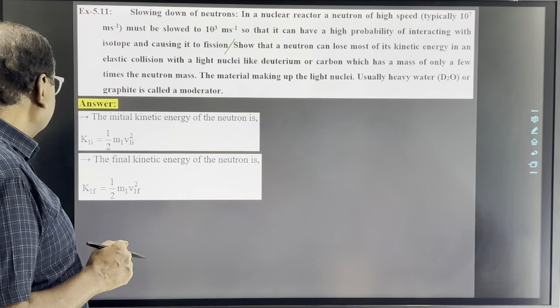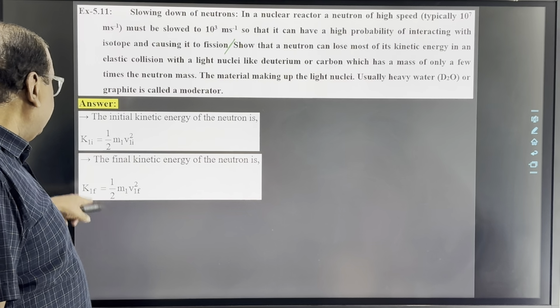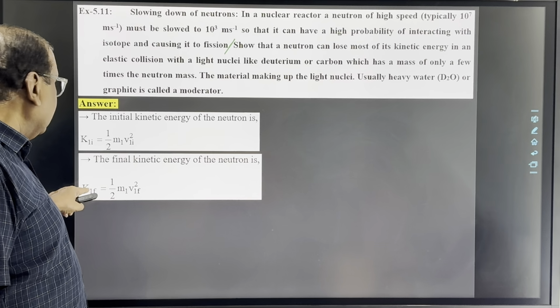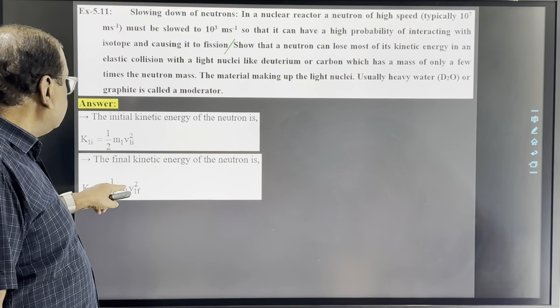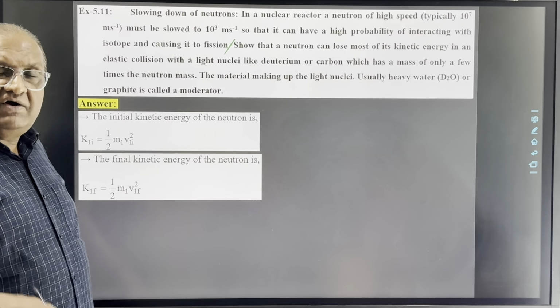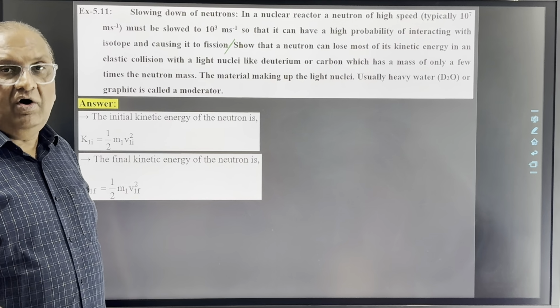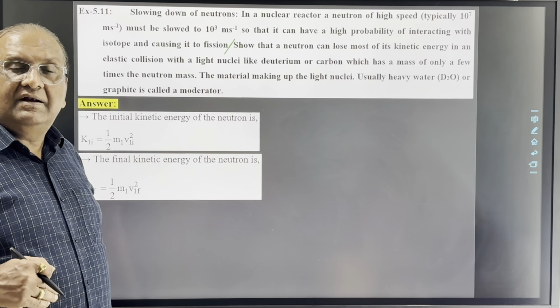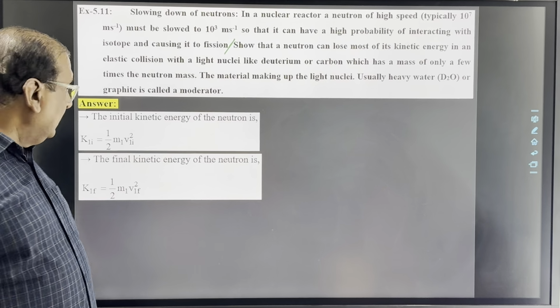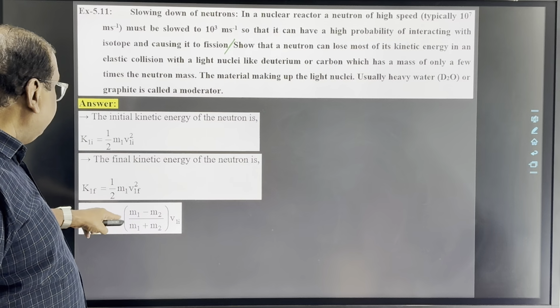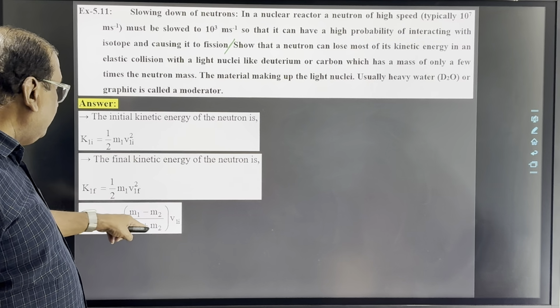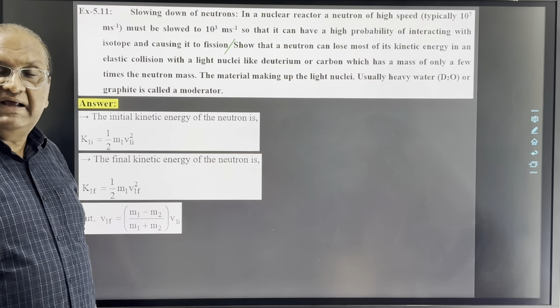So here first we calculate the kinetic energy after collision. After collision, what will be the speed of the first particle, or colliding particle? So v1f equal to (m1 minus m2) upon (m1 plus m2) into v1i.